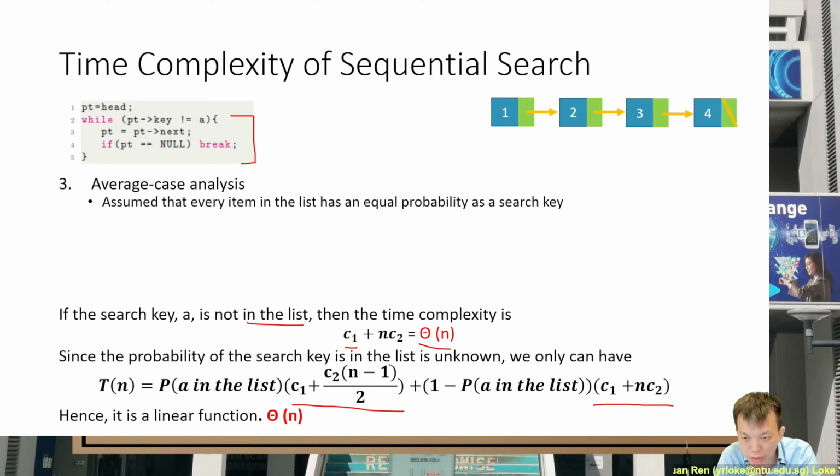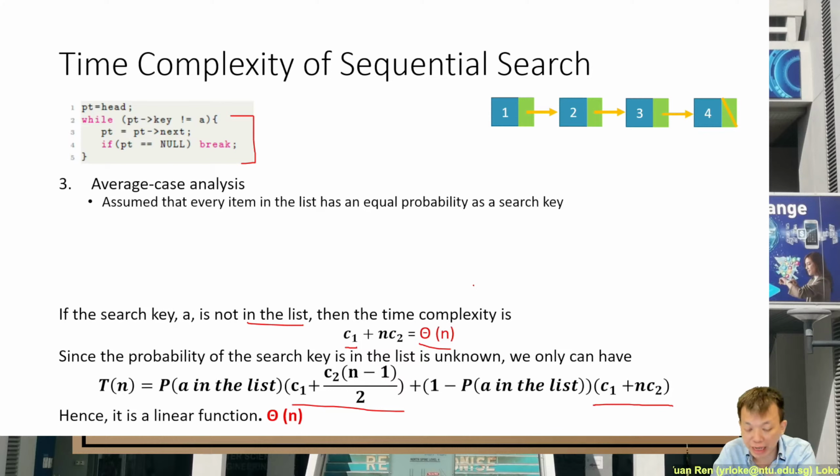So overall, the time complexity of sequential search is big theta n. I can make this conclusion. On average, I should say, it should be big theta n.